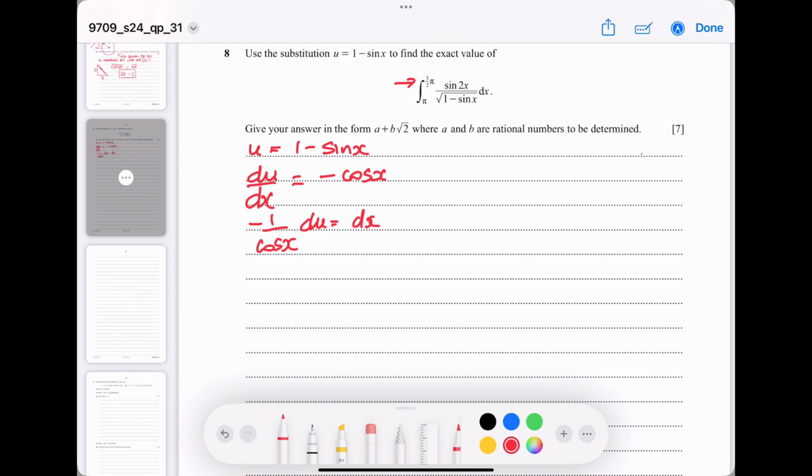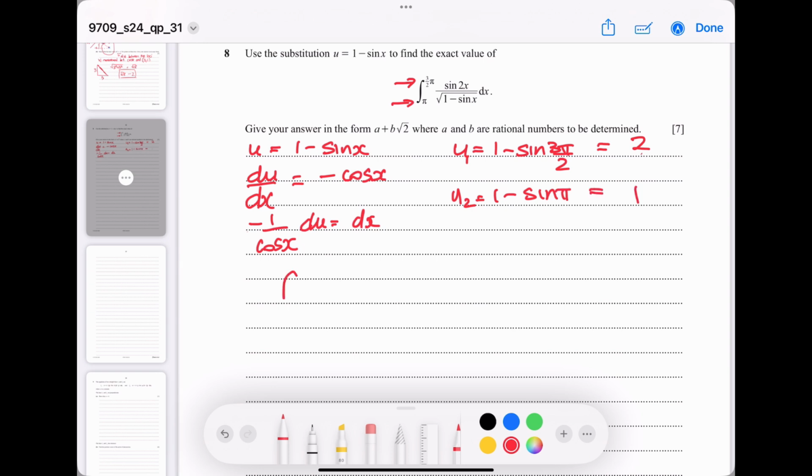We're going to need to replace our values for x. So when x is 3 over 2 pi, u is 1 minus sine of 3 pi over 2, which works out to be 2. So it's our upper limit. And 1 minus sine pi gives us a value of 1.